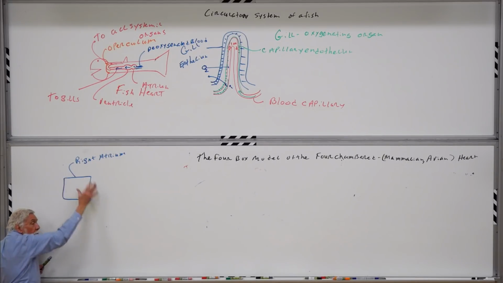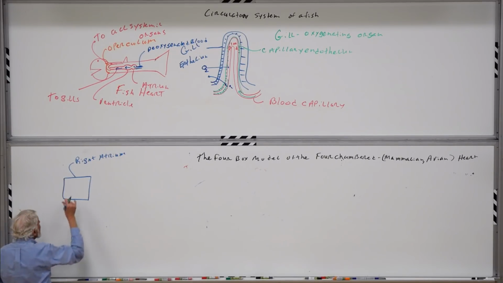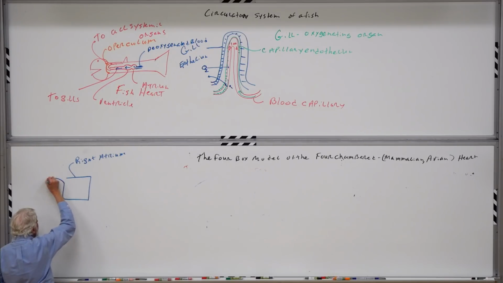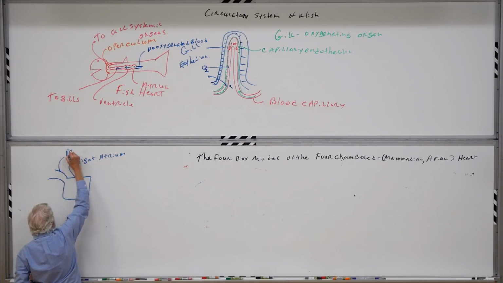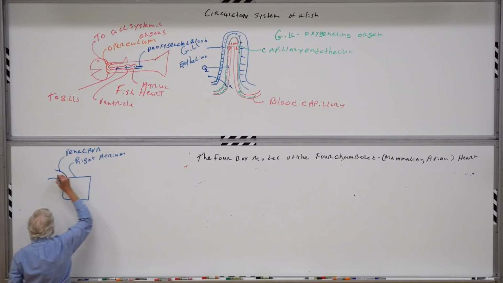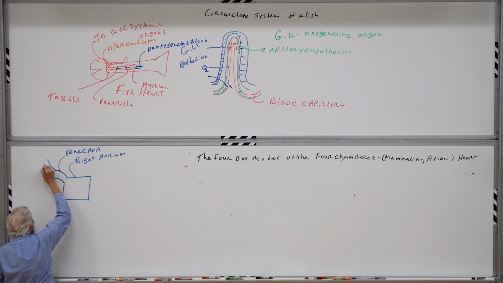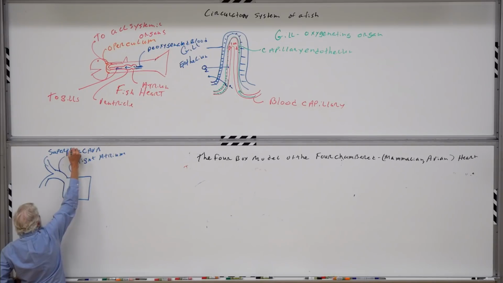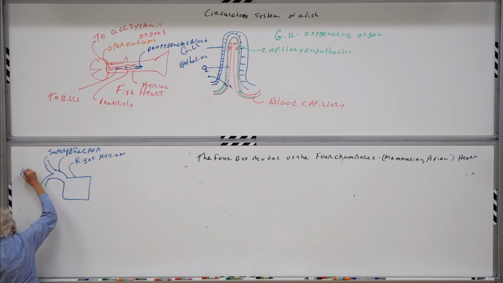We're going to show it simply as a room. We're going to see that the entrance to the room here is through a structure called the vena cava. The vena cava is formed by the superior and inferior vena cava.